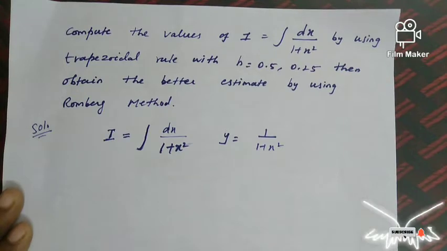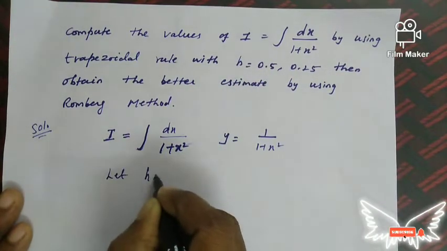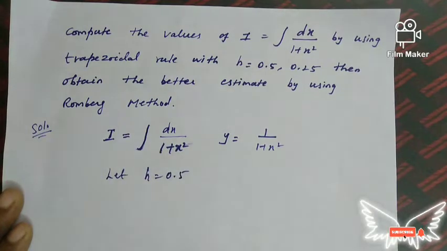It's given in the question to use trapezoidal rule with h is equal to 0.5. So first we have to apply h is equal to 0.5. Let h is equal to 0.5. First we have to find our x data and then the corresponding y values.